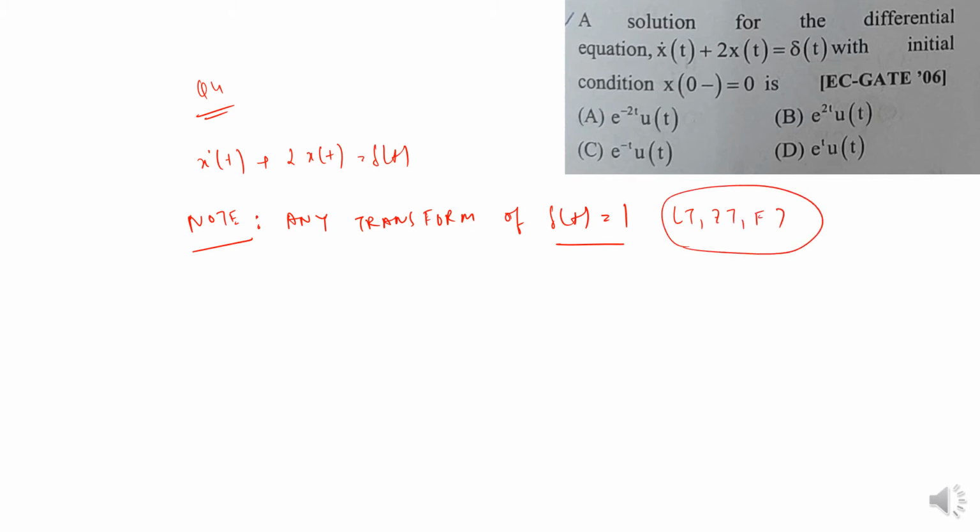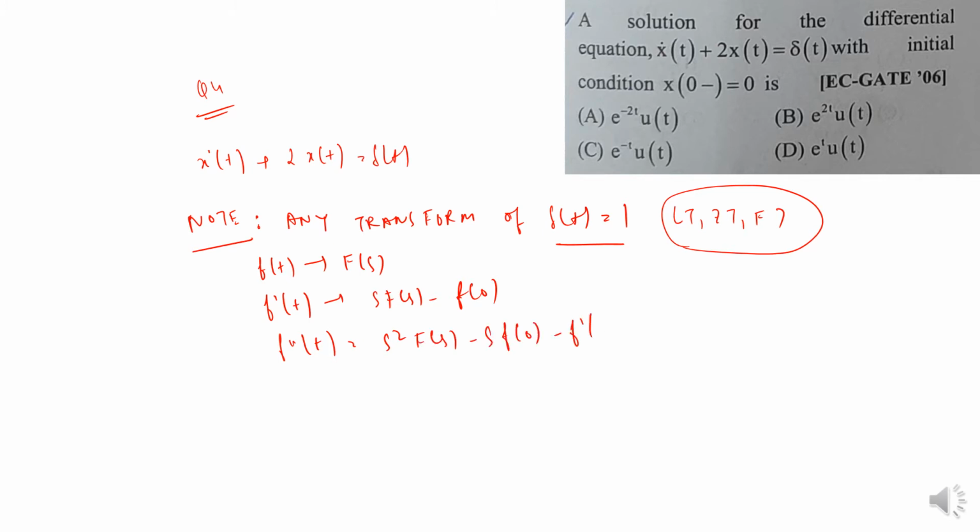What I know is that if f of t transforms to F of s, then f dash of t transforms to s into F of s minus f of 0. This is the first derivative, so we can write s into X of s minus x of 0 plus 2 into X of s is equal to 1.